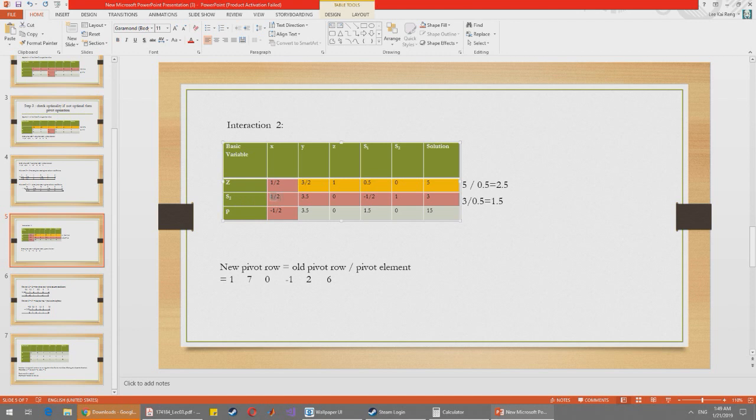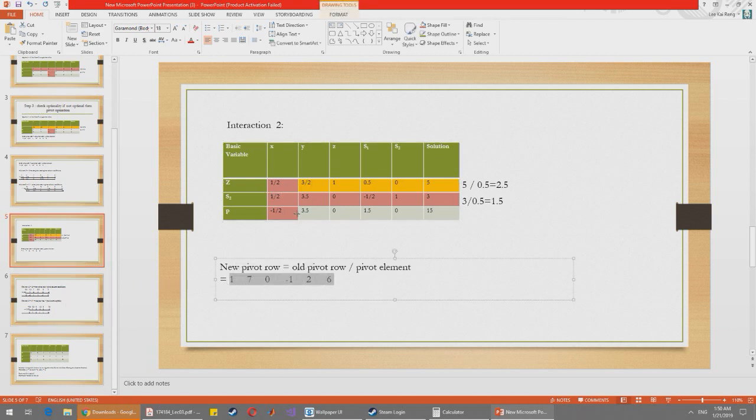Now we update the pivot row to become the new pivot row by using this formula: the old pivot row divided by the pivot element. The pivot element is this 1/2, which means all of this row must be divided by 1/2, and this will be the answer.